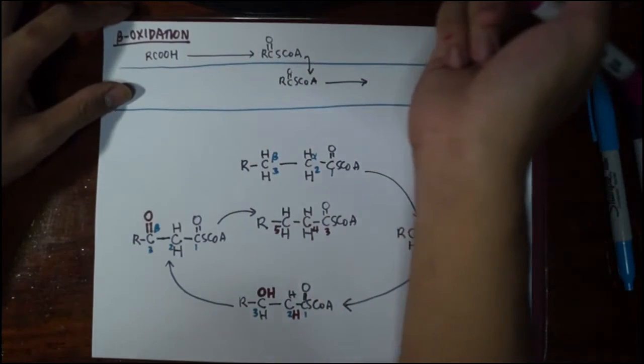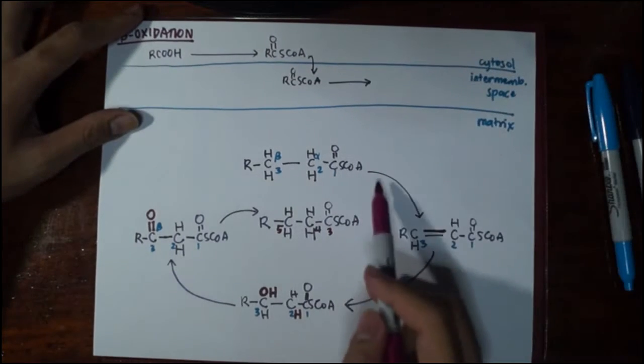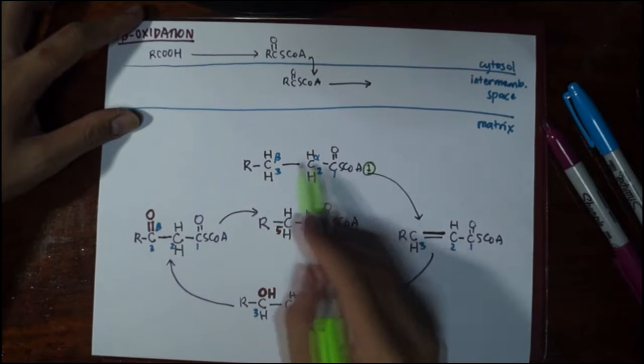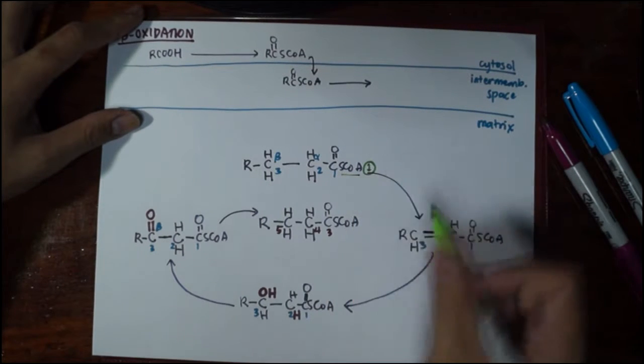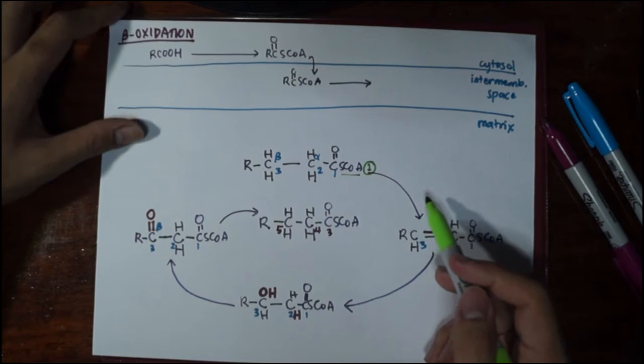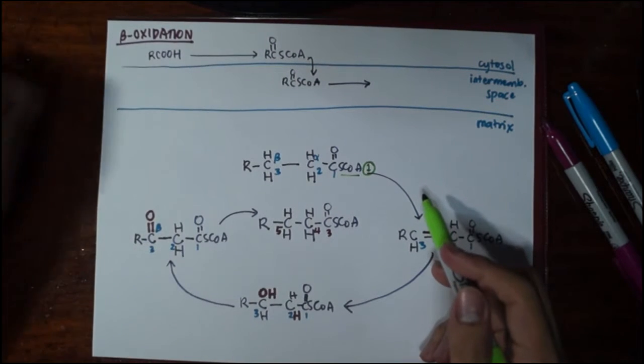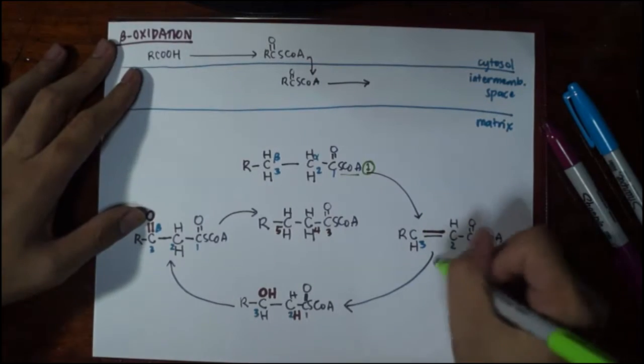The reason is that the first reaction, step number 1, requires a fatty acid combined with coenzyme A. If you have a free fatty acid outside, it cannot really be accommodated unless it goes through certain steps.